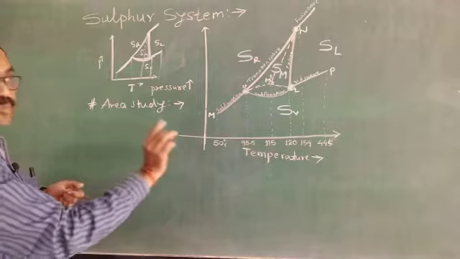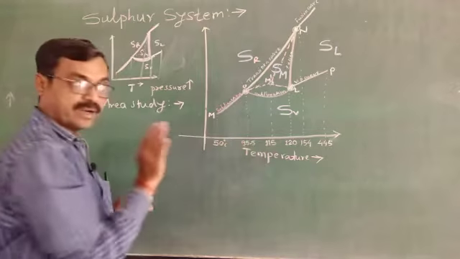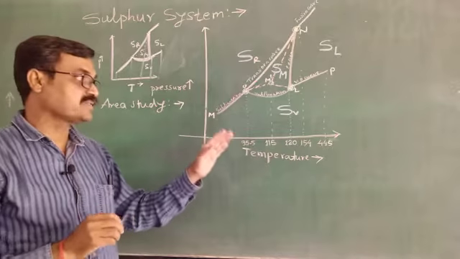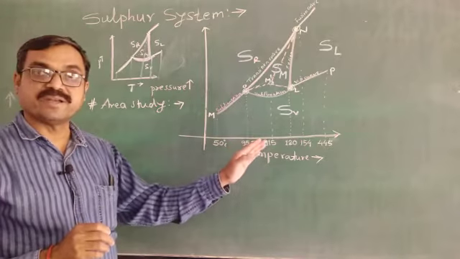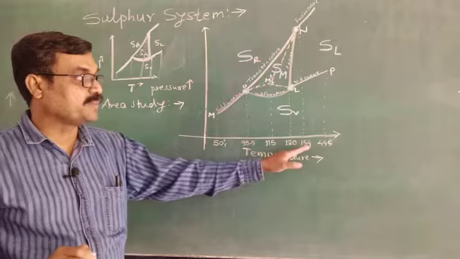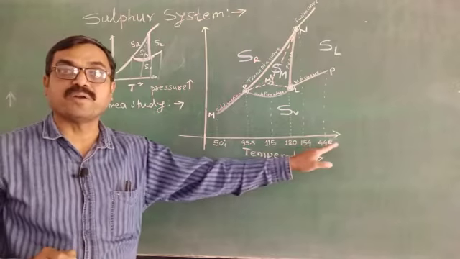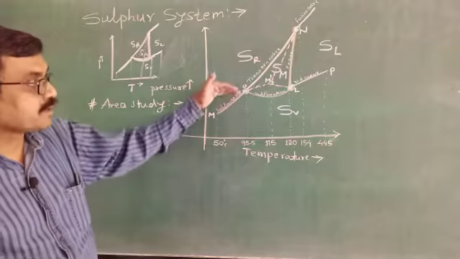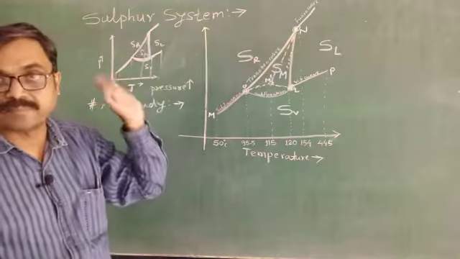These points you have to learn or remember: 50 degrees Celsius, 95.5 degrees Celsius, 115 degrees Celsius, 120 degrees Celsius, later on 154 degrees Celsius and 445 degrees Celsius, the boiling point of sulfur. Later on you have to draw this diagram.